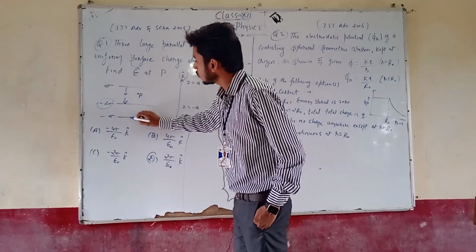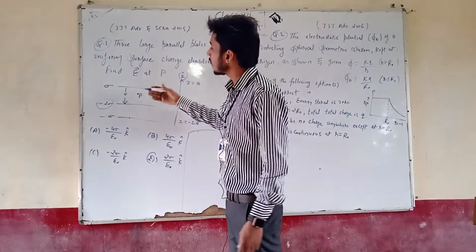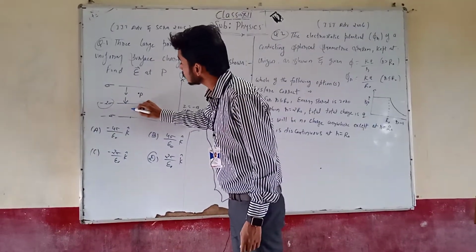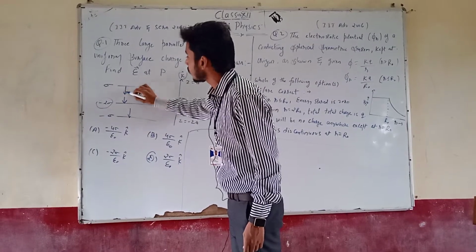Also, due to this plate, we know that the electric field due to any parallel plate is towards the negative plate and away from the positive plate.